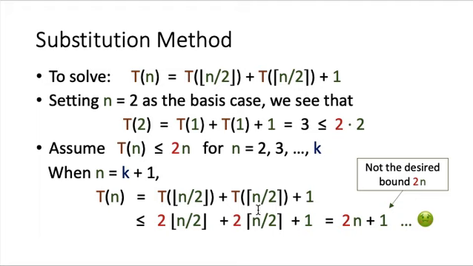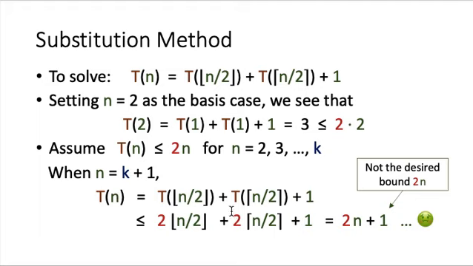T of the ceiling of n over 2 will be less than or equal to 2 times the ceiling of n over 2. Now notice that this is a little bit tricky. There is no guarantee that the ceiling of n over 2 will be a strictly smaller value than n.